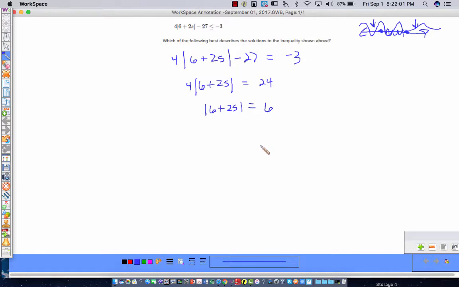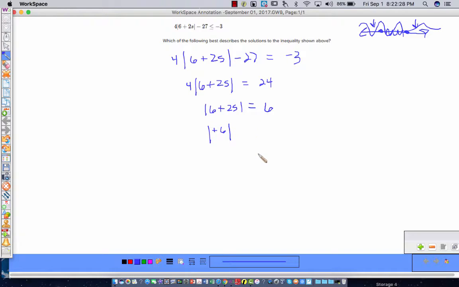Since it's absolute value, the absolute value of positive 6 equals 6, and the absolute value of negative 6 also equals 6. So for whatever value of s, if I end up with either a positive or a negative 6, the absolute value makes it positive 6.